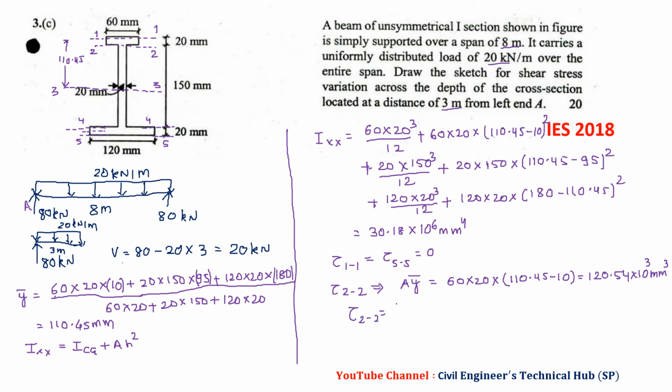The formula we know is V A y bar upon I b. We have two values of b, just above and below. So we have V as 20 into 10 raised to 3, A y bar 120.54 into 10 raised to 3, I 30.18 into 10 raised to 6, and b we keep as it is. This gives 79.88 upon b.